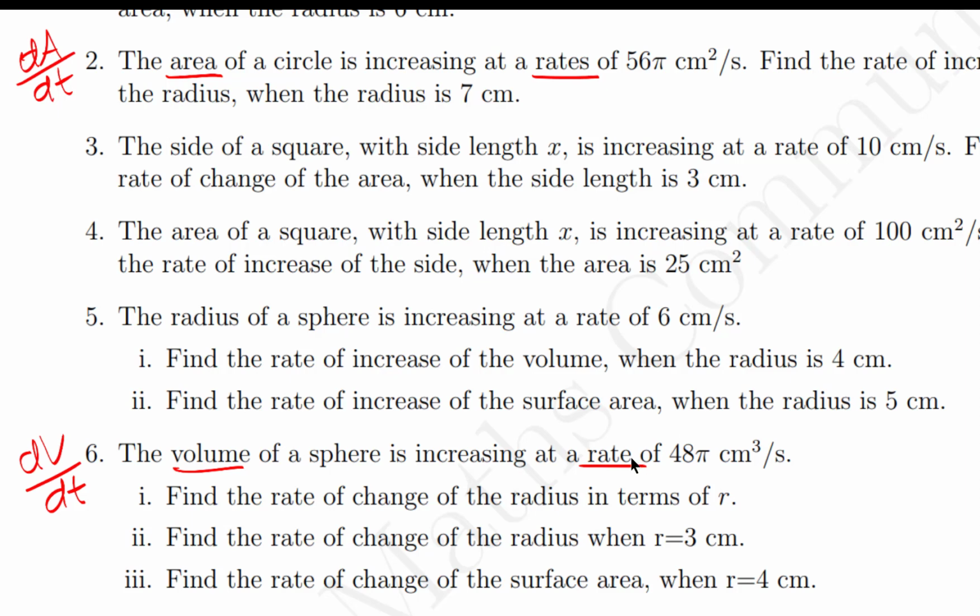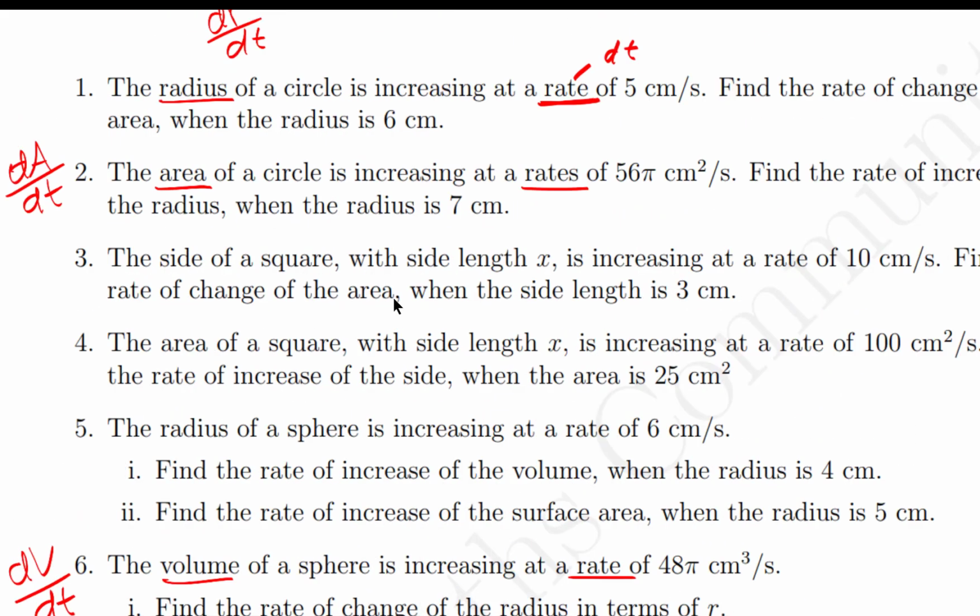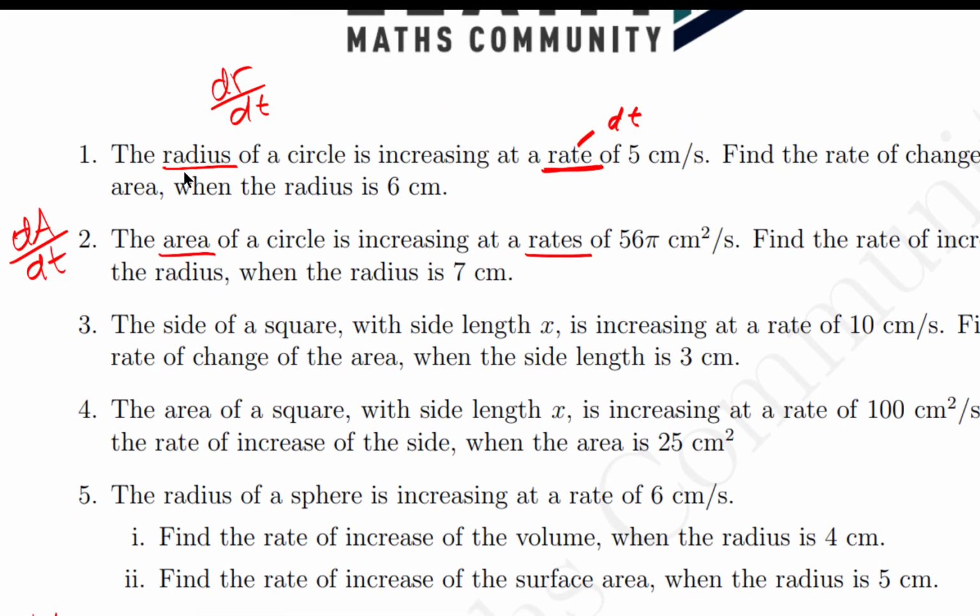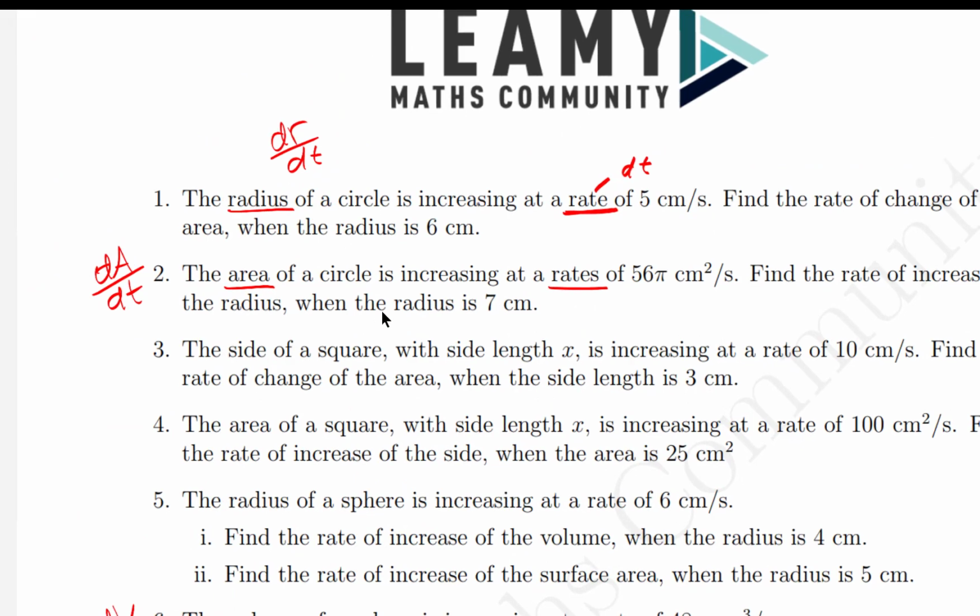So when you see the word rate, it's dt, and the other letters are made up of what we're talking about: volume, dV/dt; area, dA/dt; radius, dr/dt. These are all introductory pieces to the puzzle.